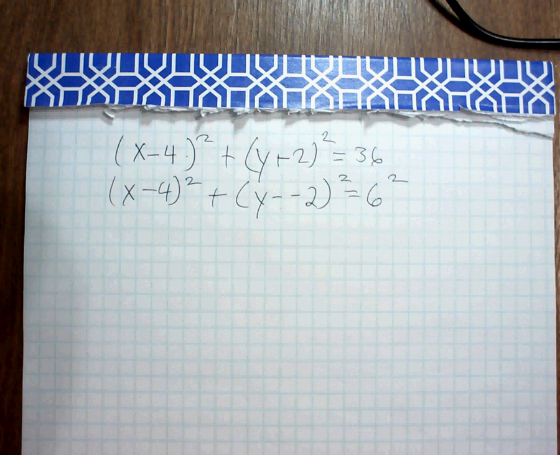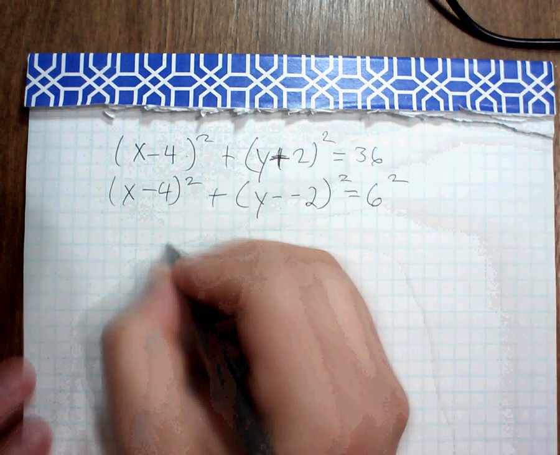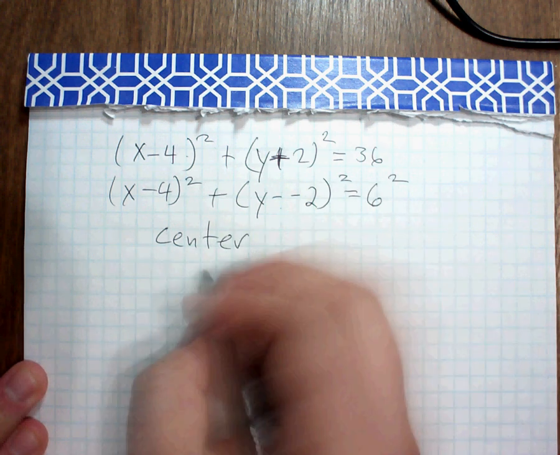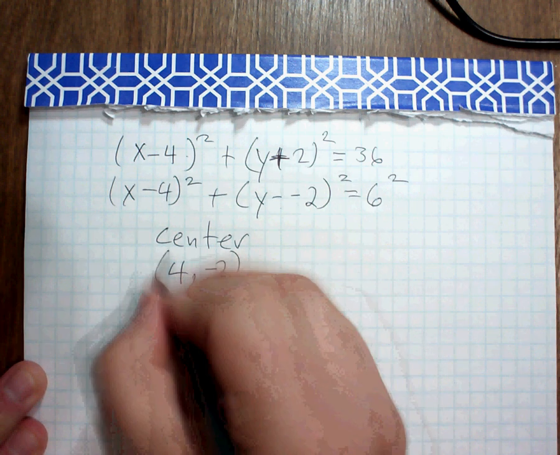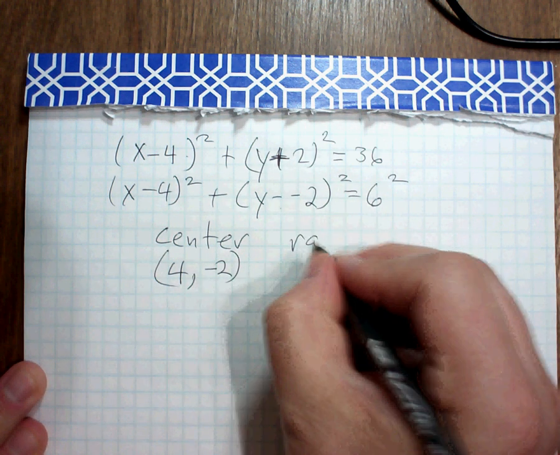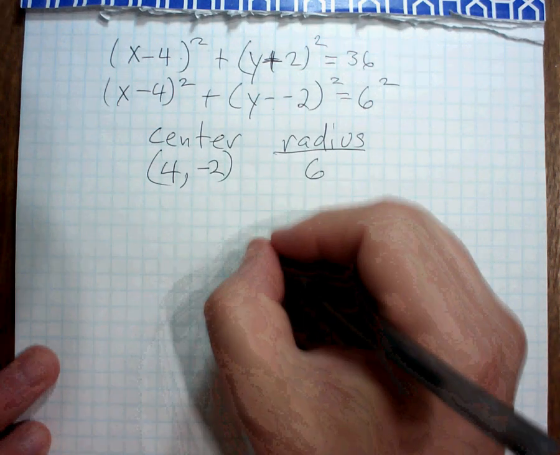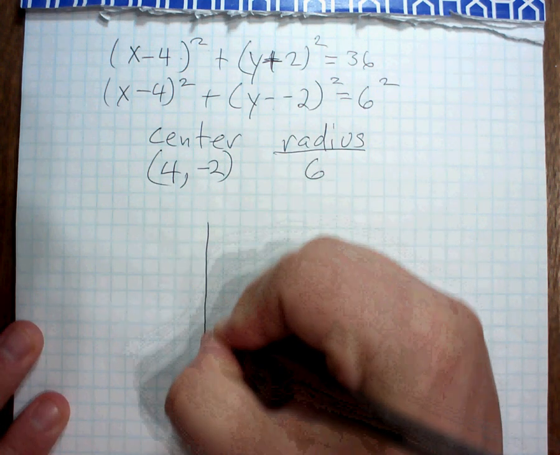So the second line is exactly the same as the first line. So that means that my center of the circle is 4, negative 2, and that my radius is 6.